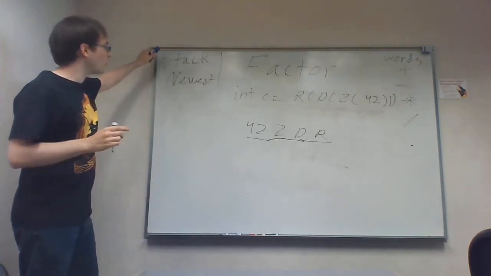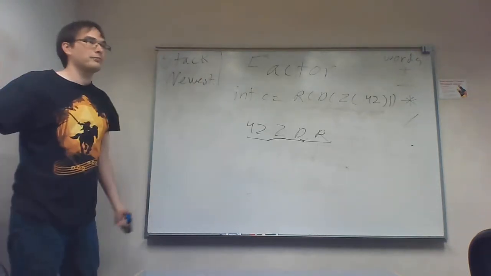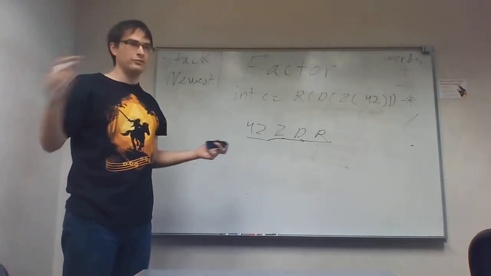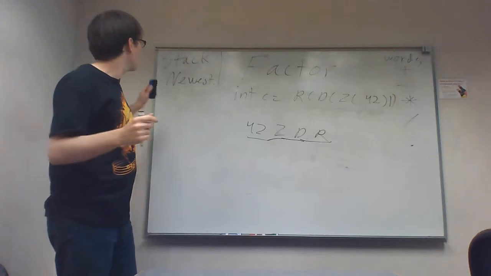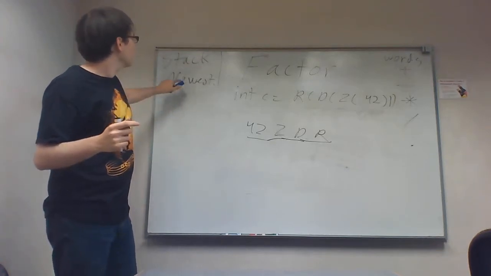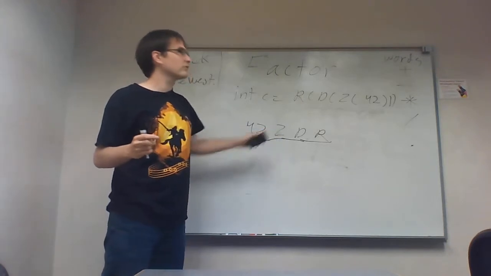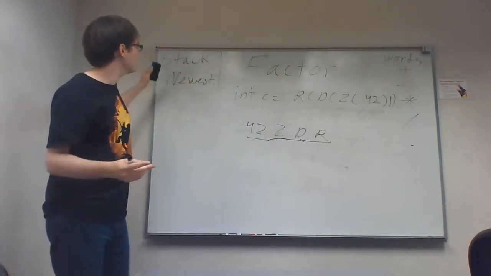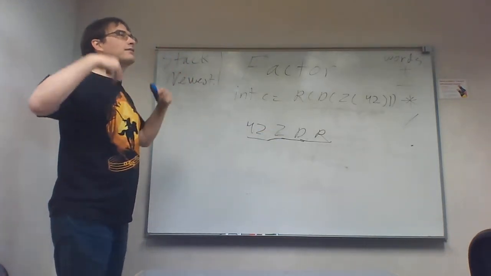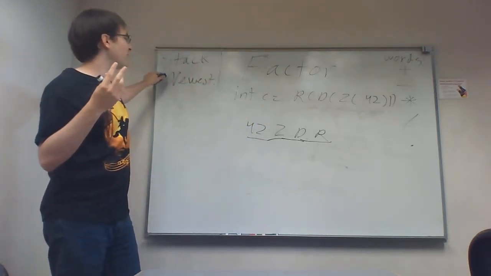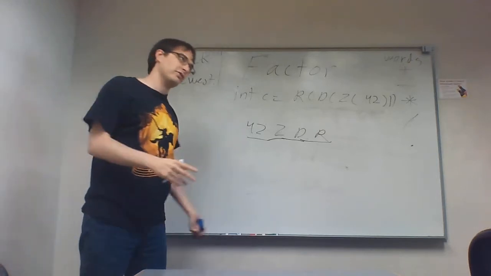Now the stack can hold theoretically infinite values. I don't actually know if there's a hard limit, but it will just keep holding new and new values. Words take 0 or more values from the stack and then place 0 or more values onto the stack at the end.